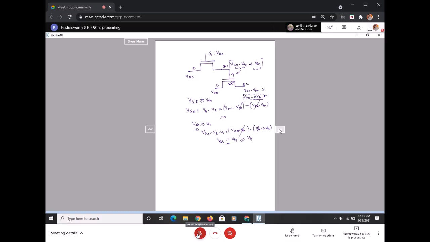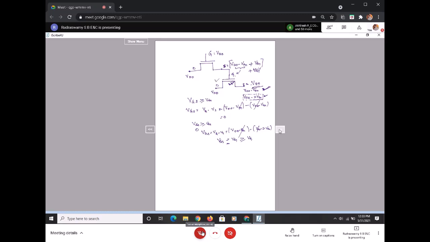Suppose I add to the gate, which is VDD minus VTN, plus VTN. What will be my source voltage? VDD minus VTN. Okay. What if I add one more VTN to this? VDD, right?